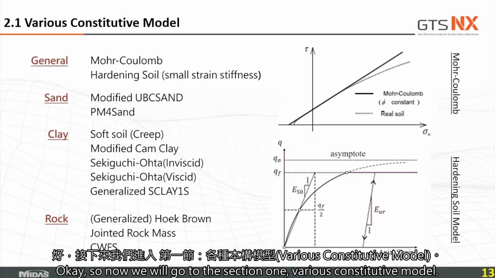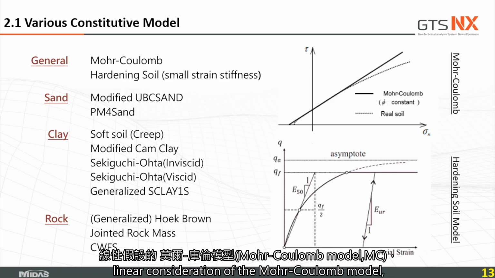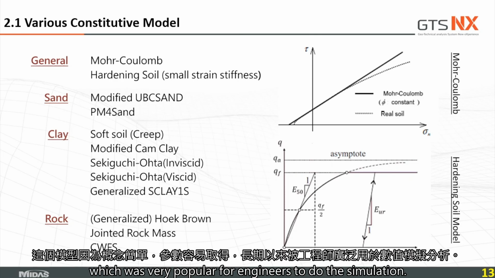Okay, so now we will go to section 1, various constitutive models. In constitutive models, we have 2 general representations. One is the linear consideration, the Mohr-Coulomb model, which is very popular for engineers to do simulation.